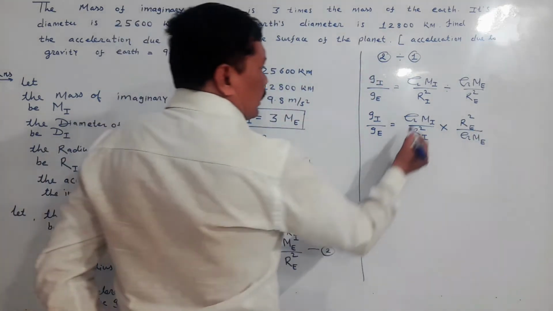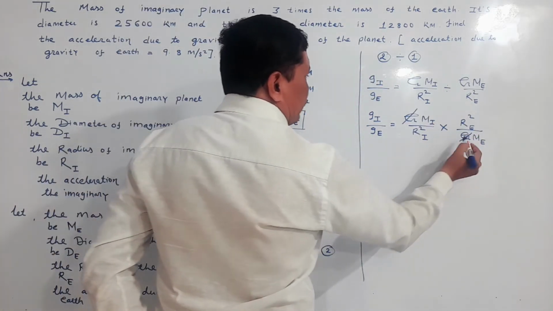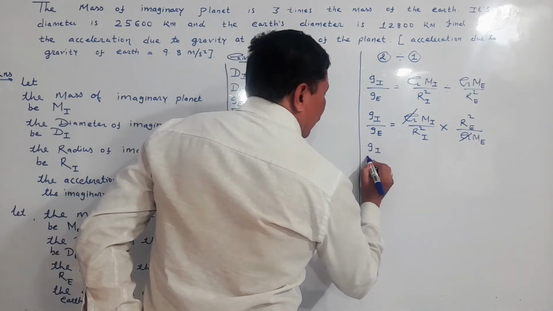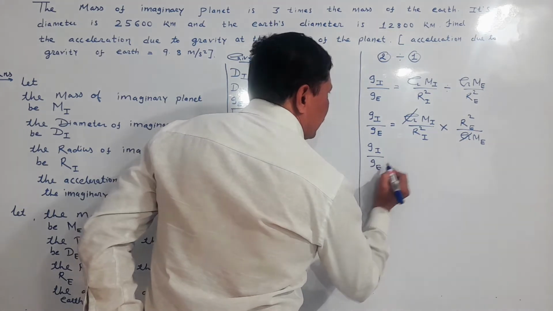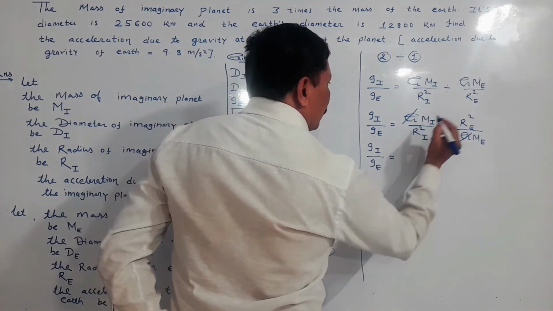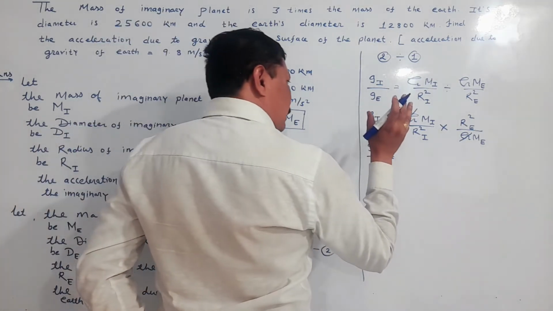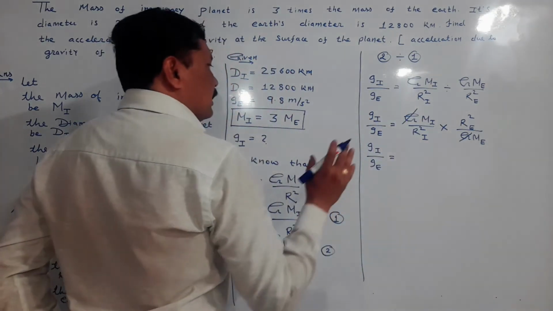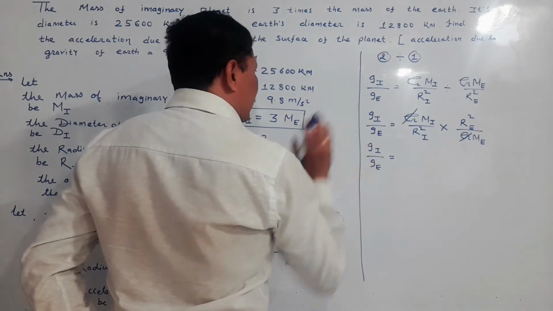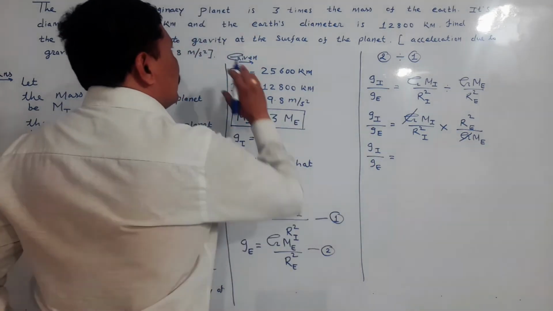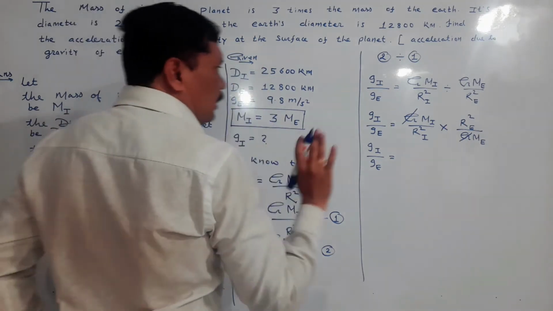My dear student, here capital G will be cancelled, and then Gi upon Ge is equal to, we can arrange the formula in such a way that it will be easy for us to find out acceleration due to gravity on the surface of an imaginary planet.